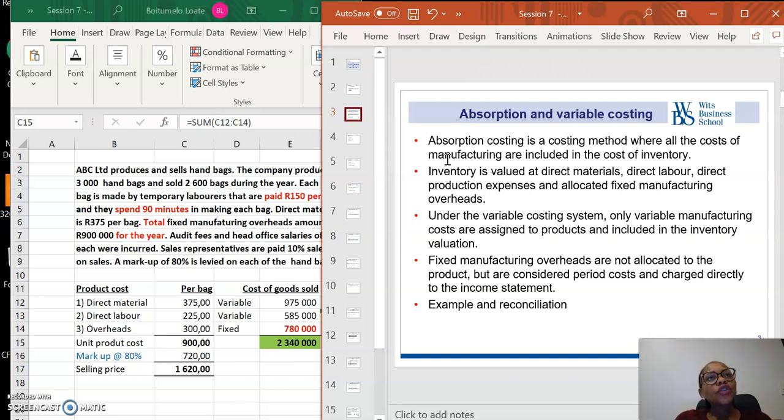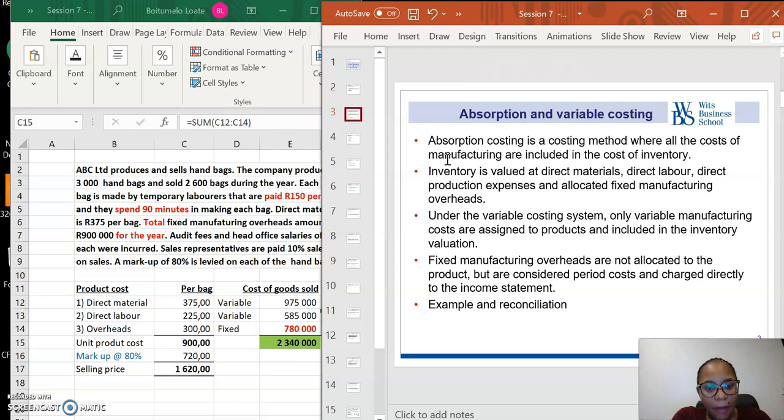Absorption, you have your normal sales, but now under cost of sales, you've included the direct material, the direct labor, and the fixed overheads. You've allocated these costs based on what was incurred at the factory, based on what I was producing.